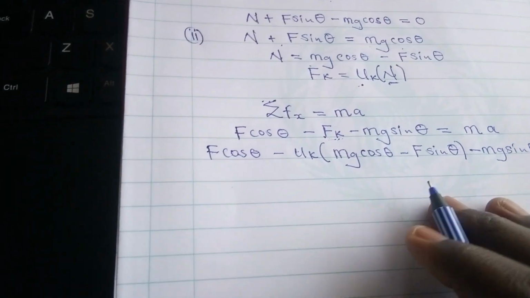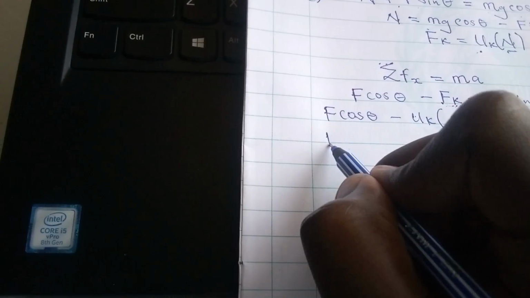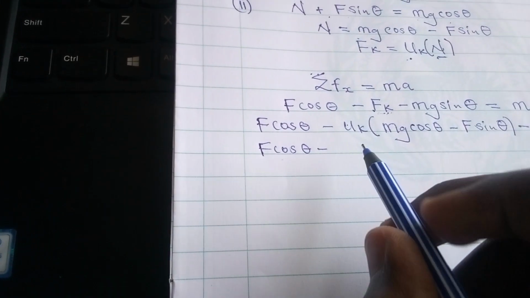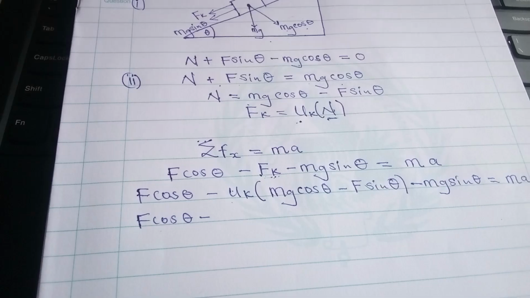So from there we are going to rewrite: F cos theta minus, so that mu k should be multiplied with everything in the brackets.